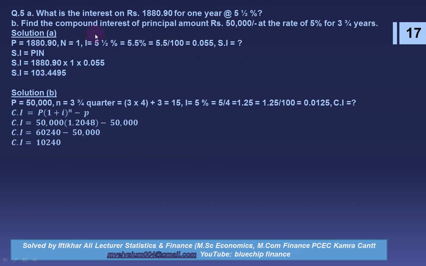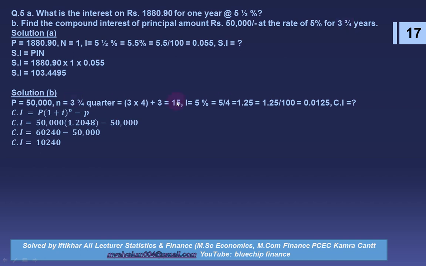103.4495. And part B is to find the compound interest of principal amount rupees 50,000 at the rate of 5% for 3 by 4 years. It means this data is in quarter form, because this 3 by 4 represents the quarters. So we can say 3 years and 3 quarters, and in 1 year there are 4 quarters. So 4 multiplied by 3 is 12, and 12 plus 3 equals 15 quarters.